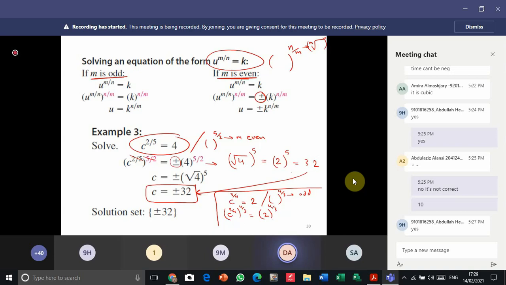So we don't need here to put positive negative. Remove this one, so we have c equal 2 to the 4 over 3, or keep it as it is, or we can put it as the cube root of 2 to the power 4, or we can put the 4 outside. Okay, like this.